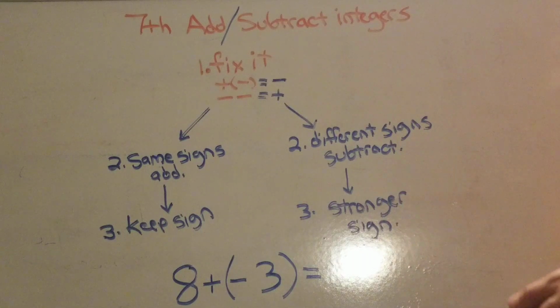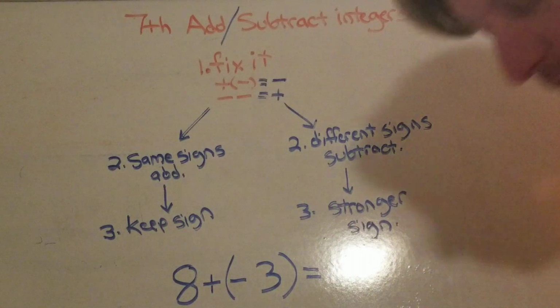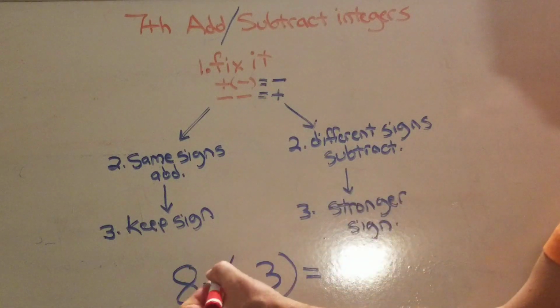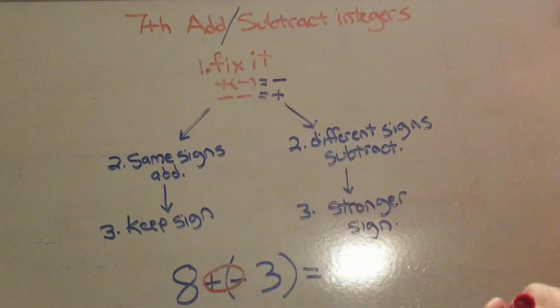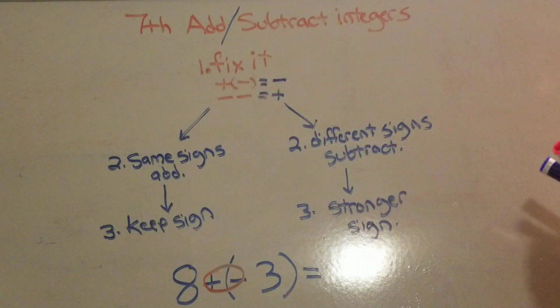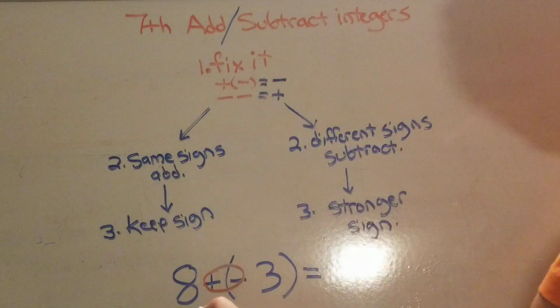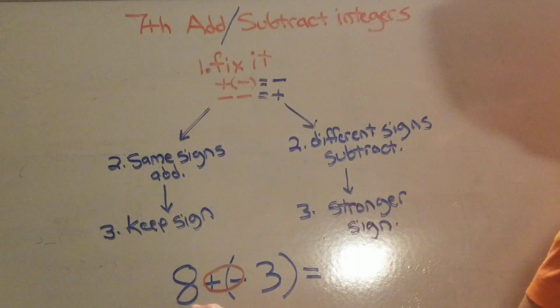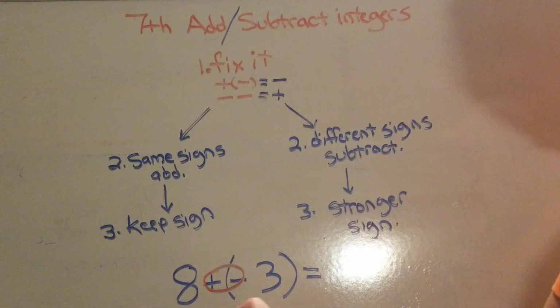And we're going to look and see if we have signs touching each other. And we do on this one. There's a plus and minus touching each other. So I'm going to erase that plus and minus and turn it into a minus. So our new problem is positive 8 minus 3.